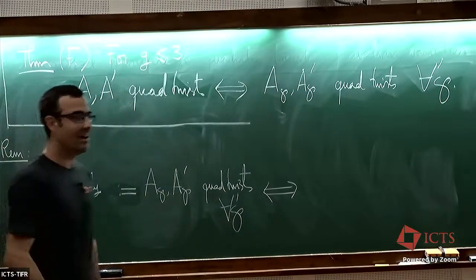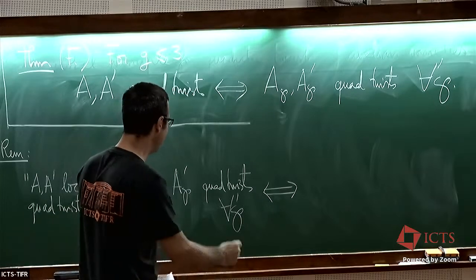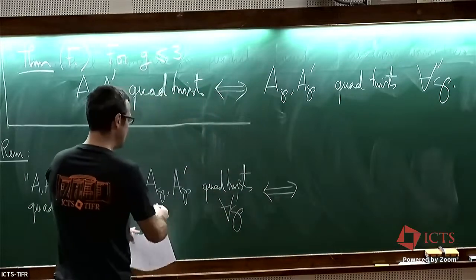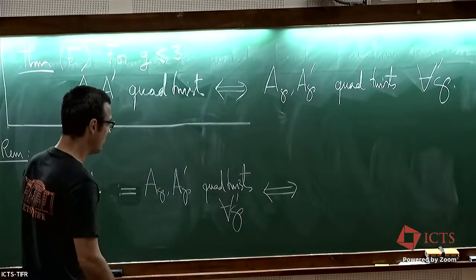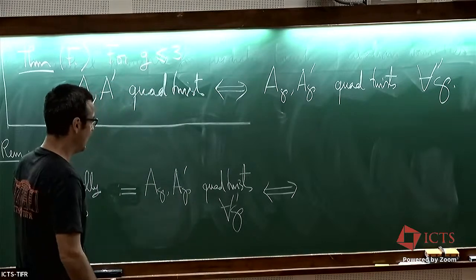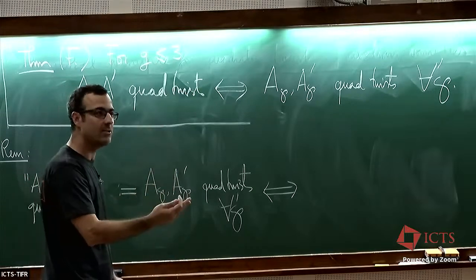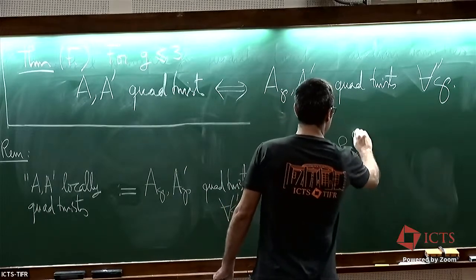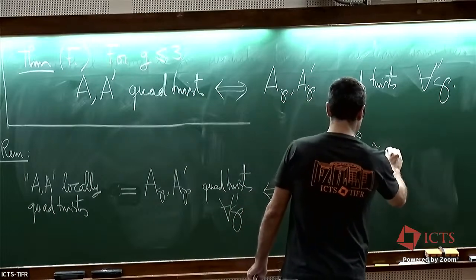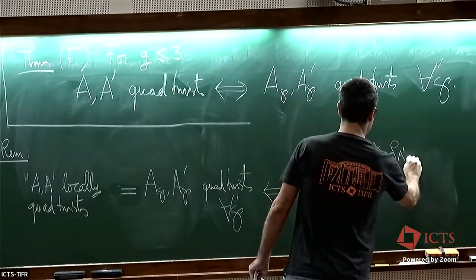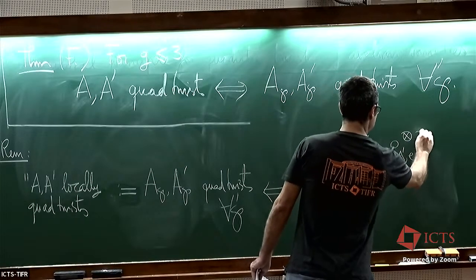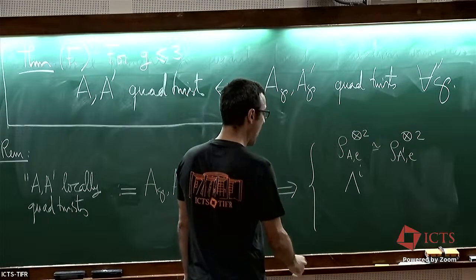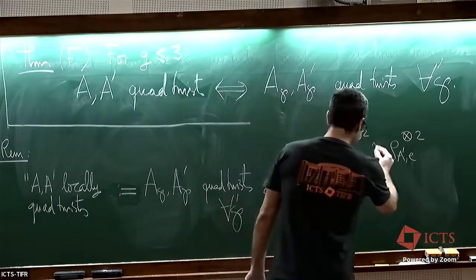Maybe if you have a more automorphic mentality, you'll prefer to think about this problem in this way. In geometrical terms, it's some property of the reductions, a problem that is local in nature, but you can think about it globally too. So this just means that the tensor squares of the l-adic representations of A and A prime coincide, and that the exterior powers, for i odd, or for i even also, are isomorphic.